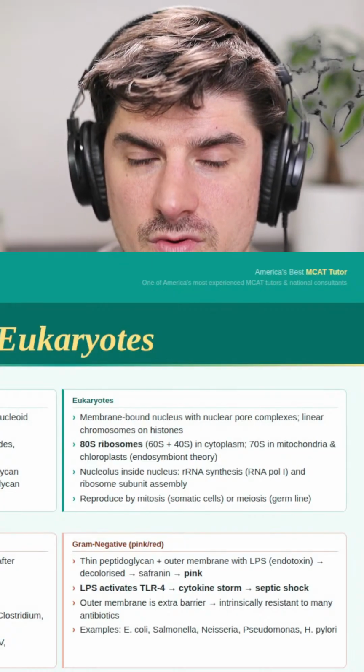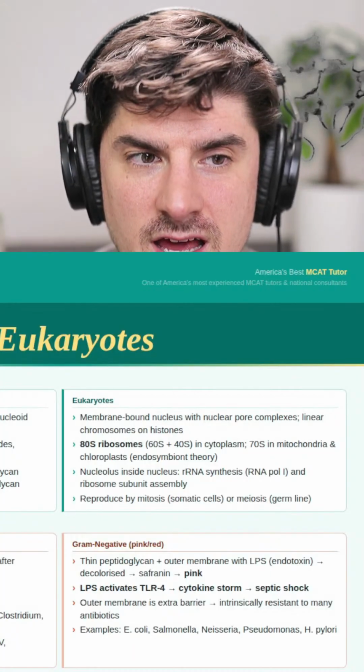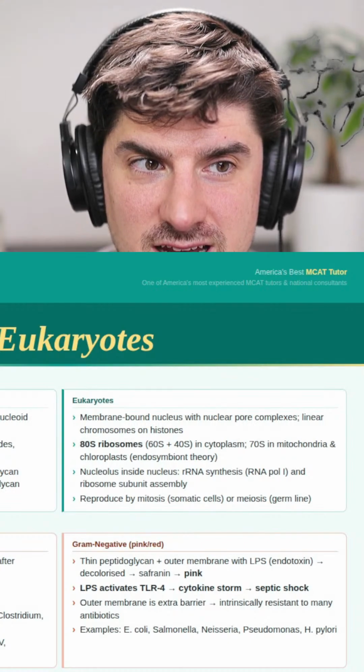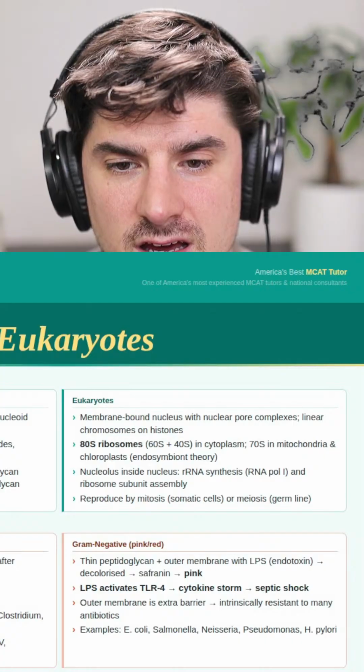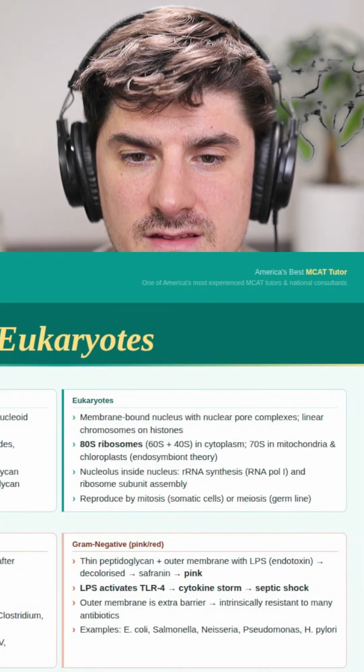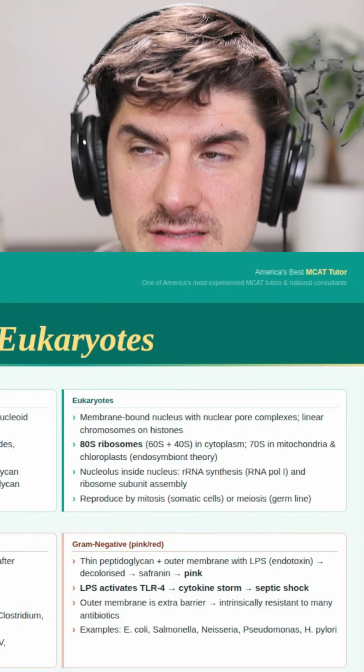The reason that you get that pink and red color is not actually because that's the natural color. It's really easy to see a picture like that and think that is the natural color, and it is not. Instead, safranin is basically a counterstain.